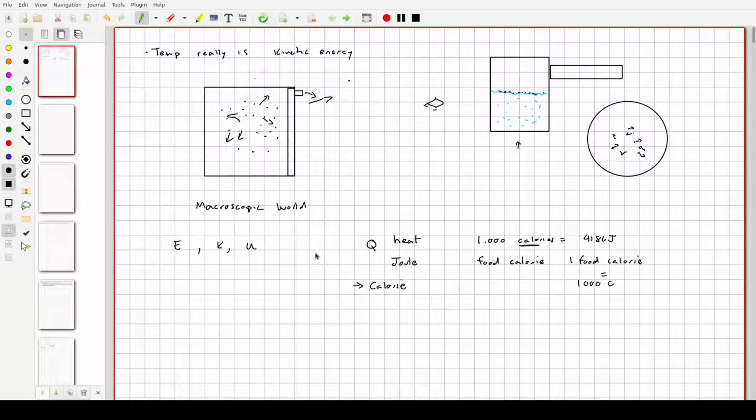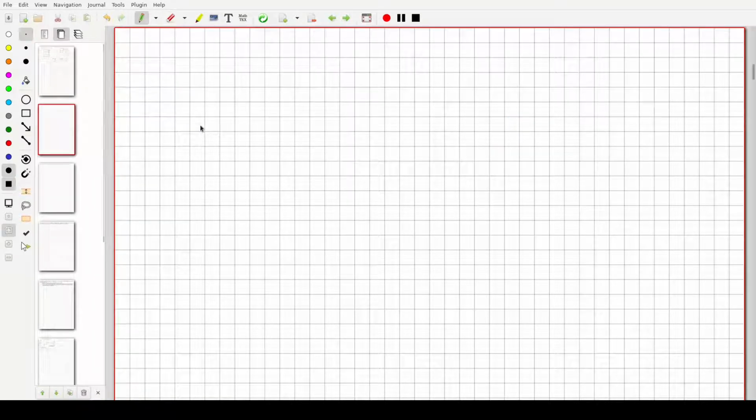We're going to get to that here in a moment. But before we do, what I want to do is to think about situations in which the applied heat that we have put in, if you will, causes a direct change in temperature.